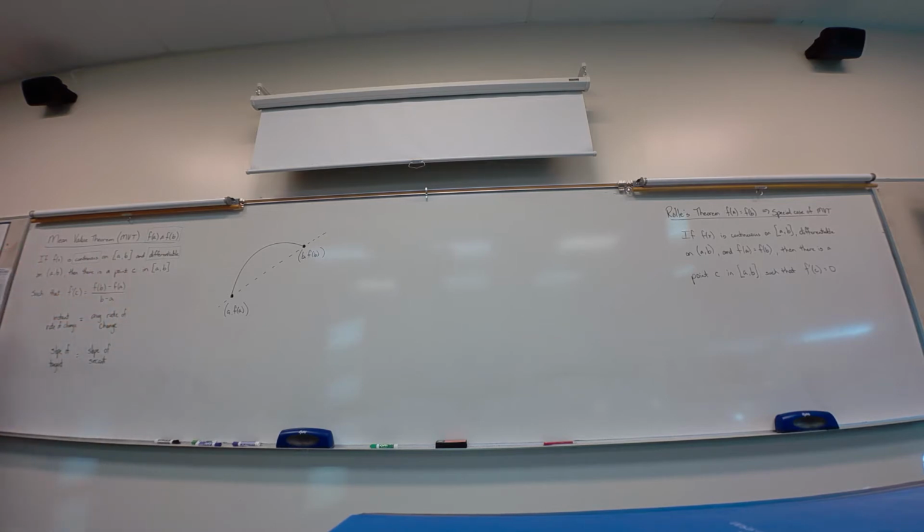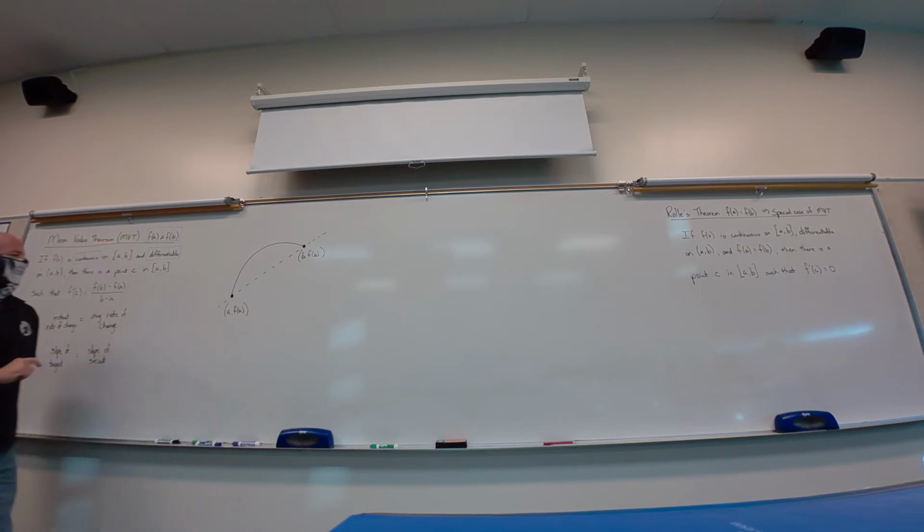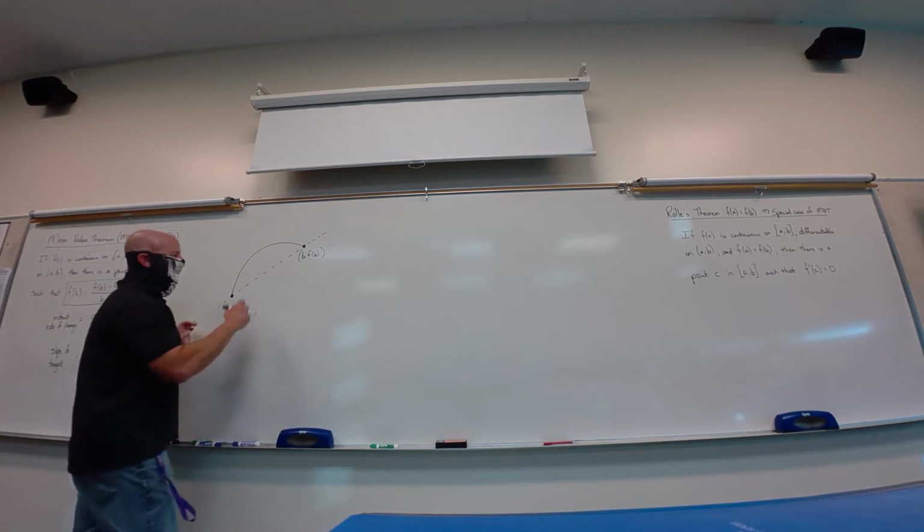That means there must be a point C. So there's got to be a point along this curve somewhere where this definition is satisfied, where f prime of C is equal to f of B minus f of A over B minus A. Those pieces. Now, the things on the bottom.